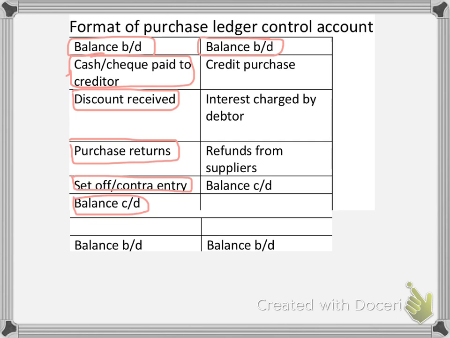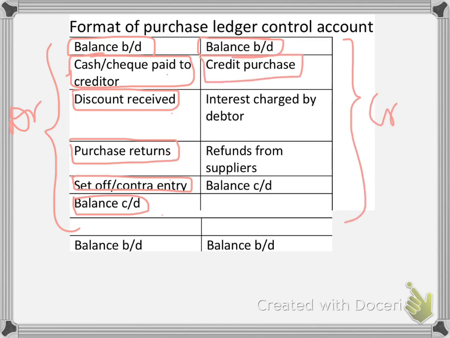Now here remember there are 1, 2, 3, 4, 5, 6 items, and on the credit side, let me just label this for you. This is debit side and this is credit side. So now on the credit side, you have credit purchase, interest charged by debtor, refund from suppliers, balance carry down, and here there are 5 items.